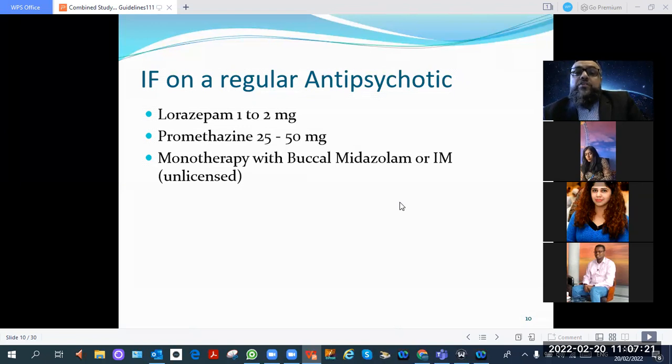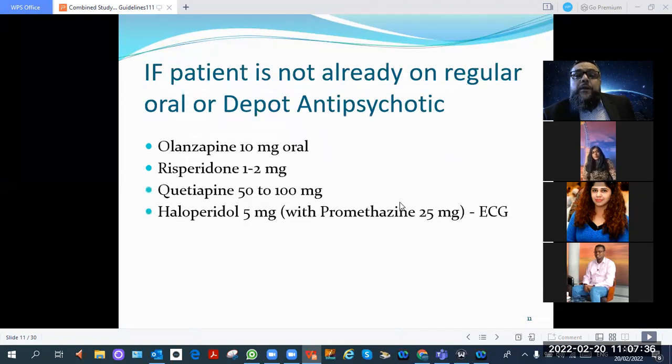So we don't normally use midazolam in UK and Ireland, and in Pakistan also it's not very commonly used. It's relatively uncommonly used. So the first line is more of a lorazepam than midazolam. If the patient is not already on regular oral or depot antipsychotic, that's what the Maudsley prescribing guidelines say.